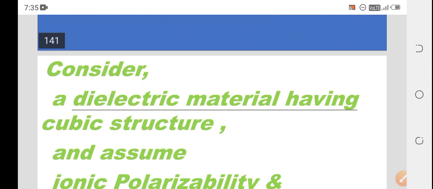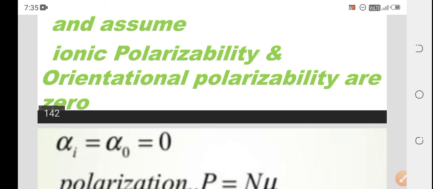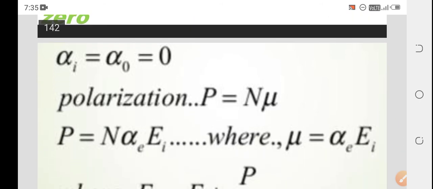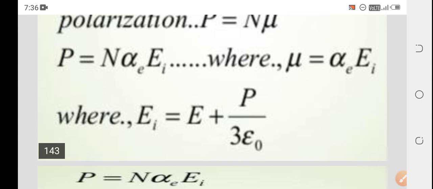Clausius-Mossotti relation, another topic. Consider a dielectric material having cubic structure and assume the ionic polarizability and orientational polarizability are 0, so alpha I and alpha O are 0. The polarization P is n mu, so P equals n alpha E times Ei, where Ei is the internal field, E plus P by 3 epsilon naught.